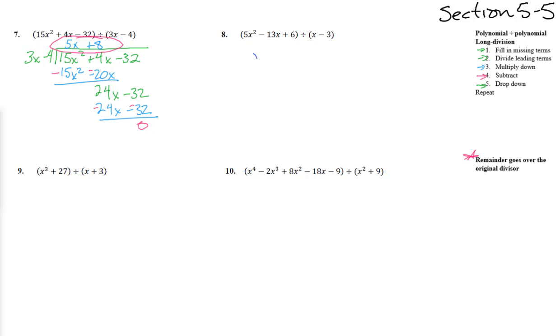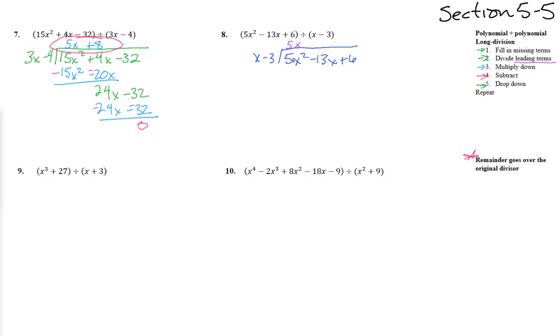All right, number 8. So long division, we have x minus 3 goes into 5x squared minus 13x plus 6. Divide leading terms first. X goes into 5x squared, 5x times.